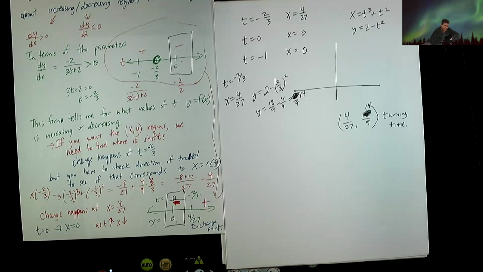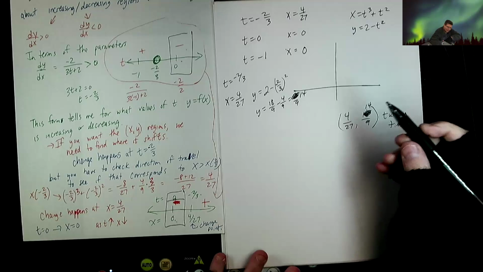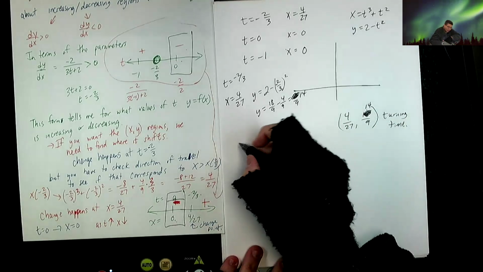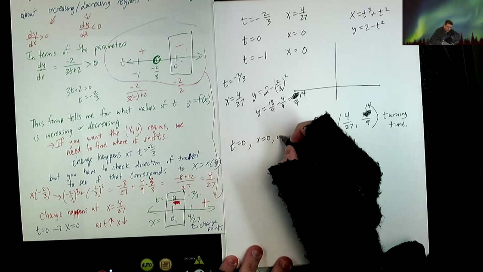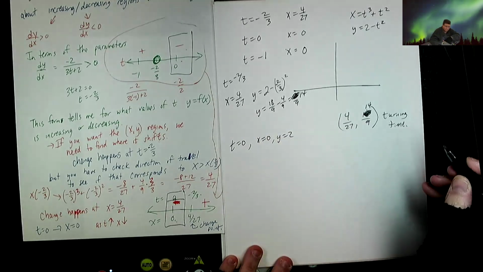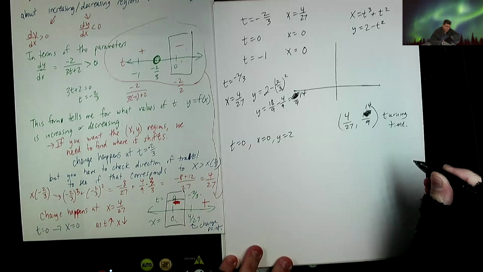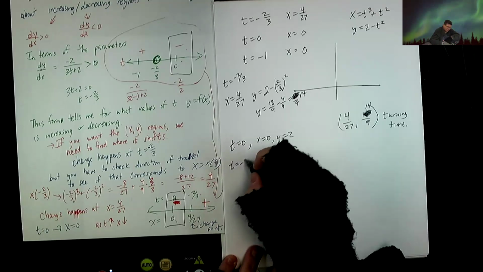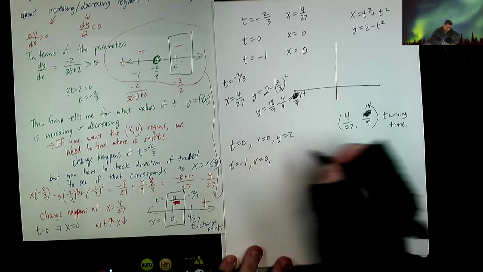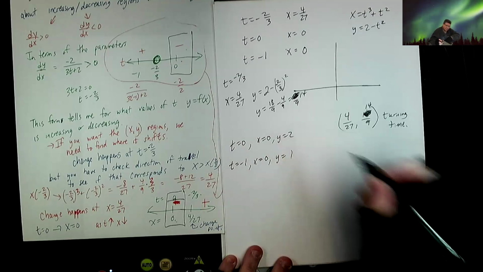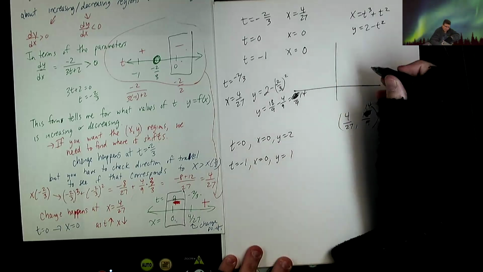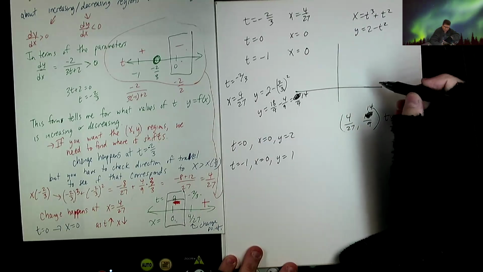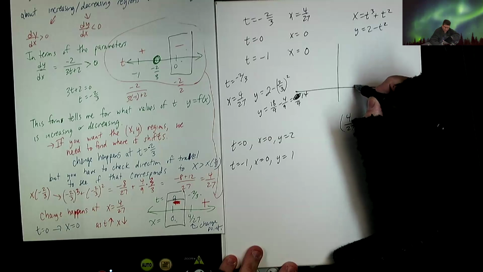I made some assumptions that it was going to be true, but looks like we got a graph that turns back on itself. When t equals 0, x equals 0, and y equals 2. And when t equals -1, x equals 0, and y equals 1. So there's 4/27.